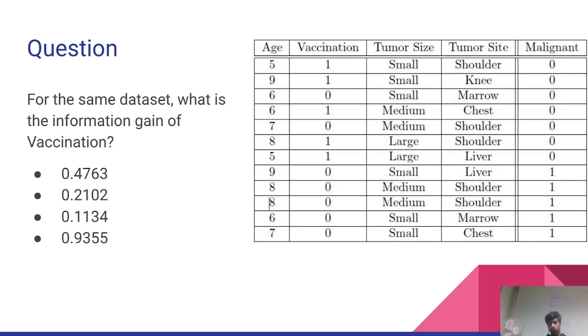Anybody having any idea how to solve it? You have to take the entropy of the vaccination column with respect to the output malignant.